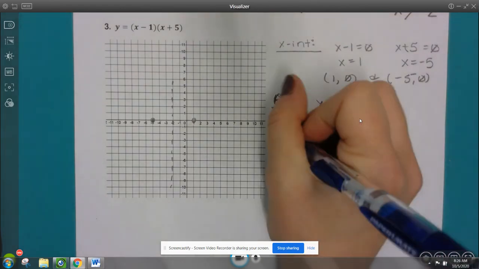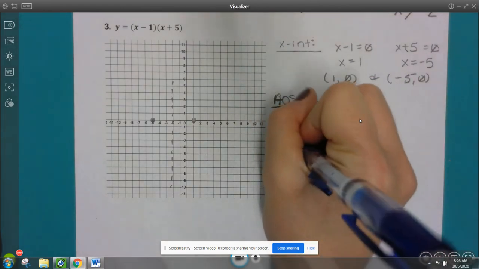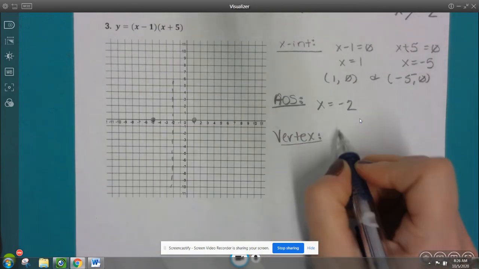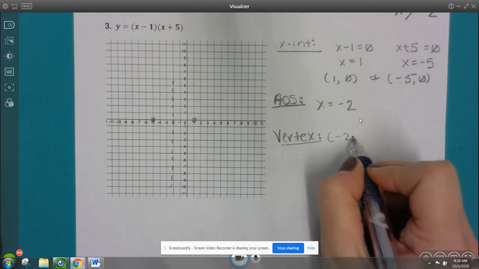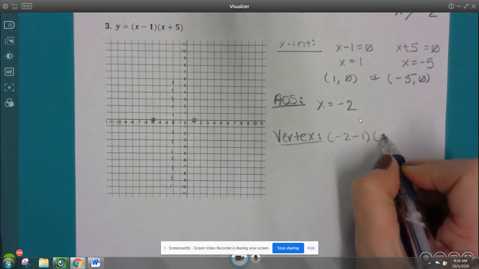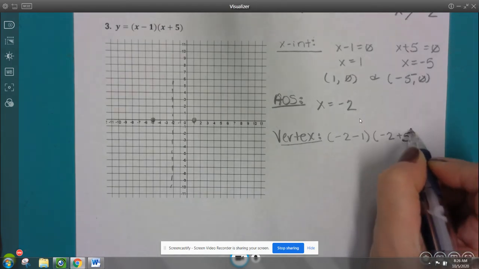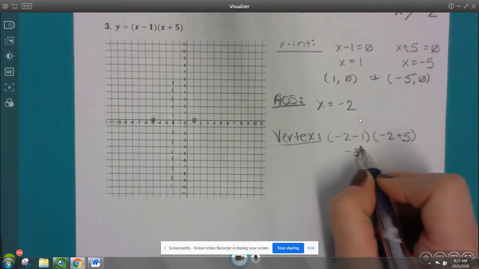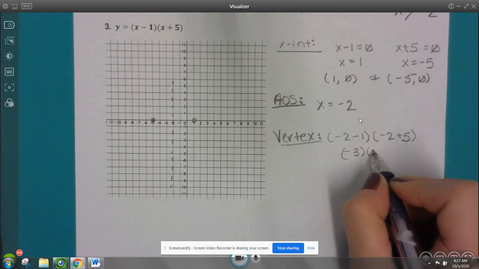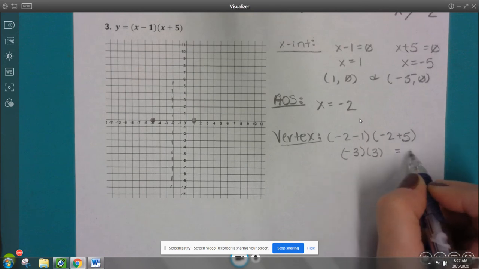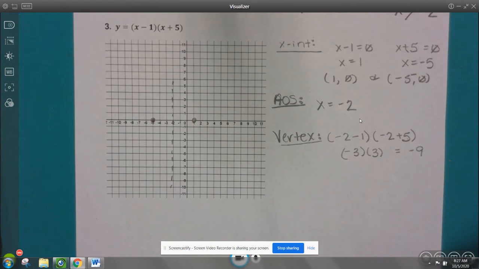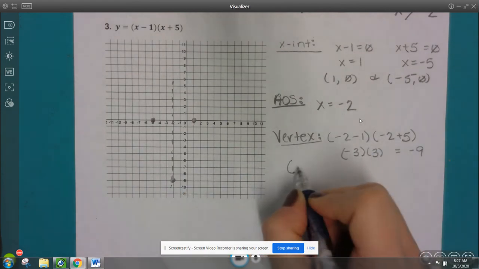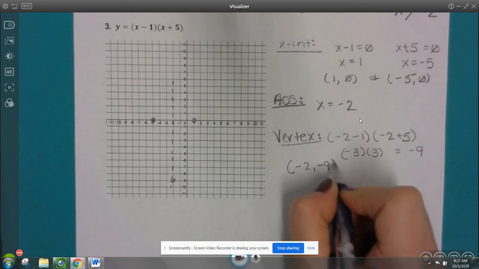In order to find my vertex, I'm going to substitute that into my original equation. So I'll have -2 minus 1 times -2 plus 5. So -2 minus 1 will give us -3. -2 plus 5 is going to give us +3, which is going to give us a y value of -9. So our vertex coordinate is -2, -9.